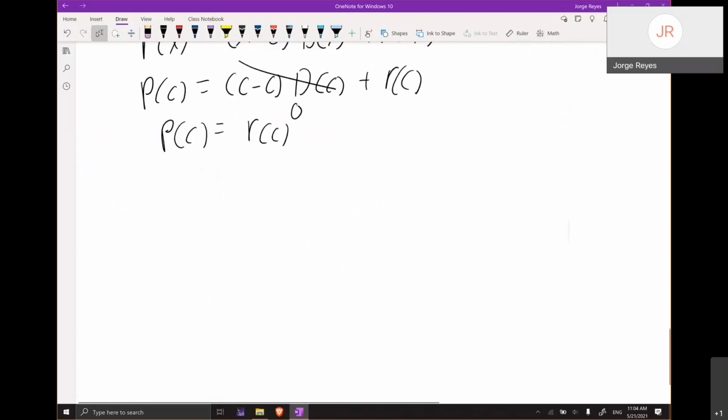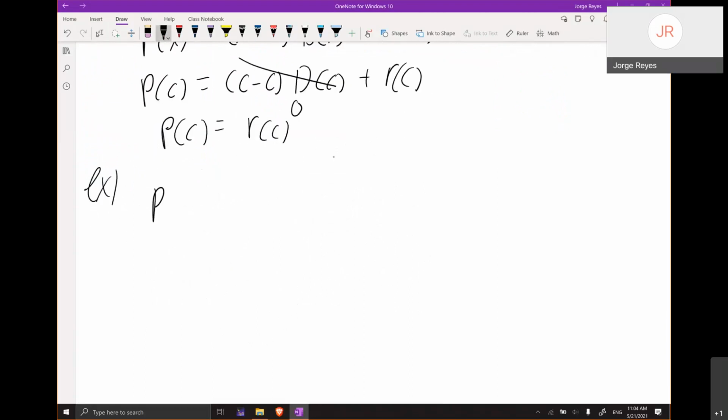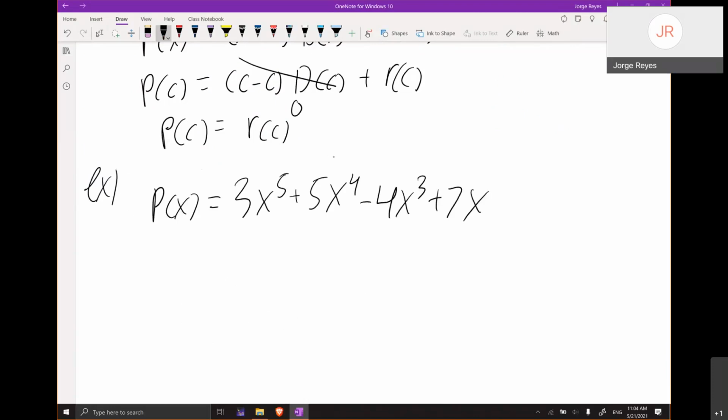So, for example, if I gave you a polynomial like 3x to the 5th plus 5x to the 4th minus 4x cubed plus 7x plus 3, and I asked you to plug in -2, you could do it, but it would be annoying.